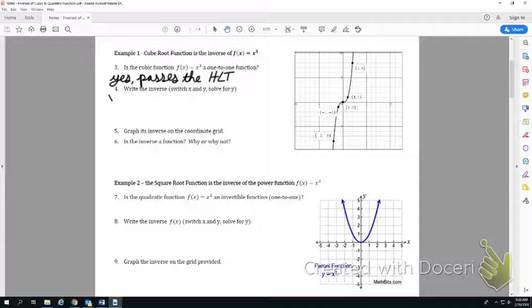So if this is my original equation, y equals x cubed, I'm going to switch x and y, and then how do I get the cubed off of there? Cube root. And then because the original was a one-to-one, I would need to write it like that.